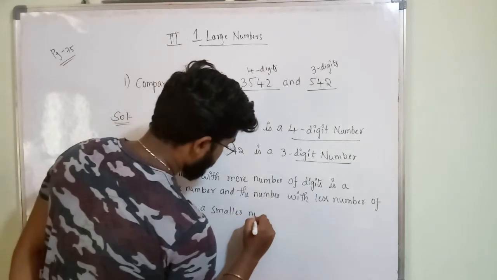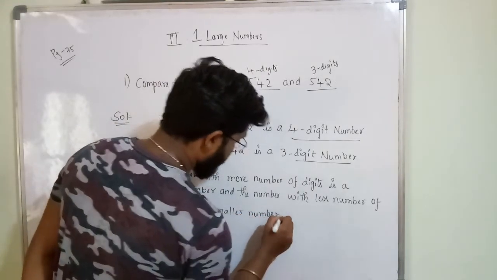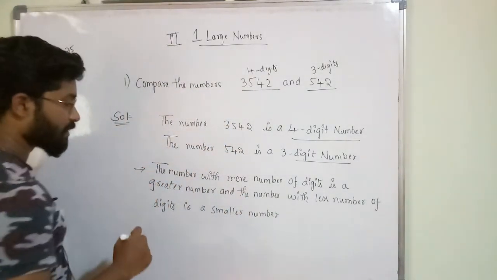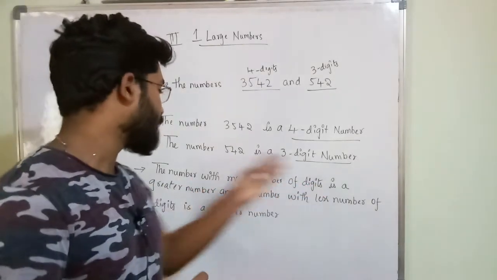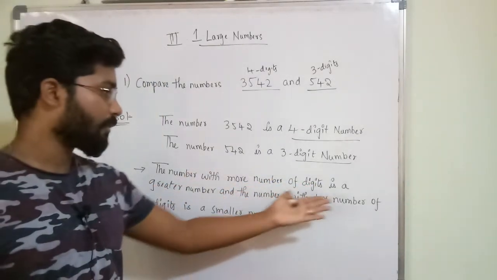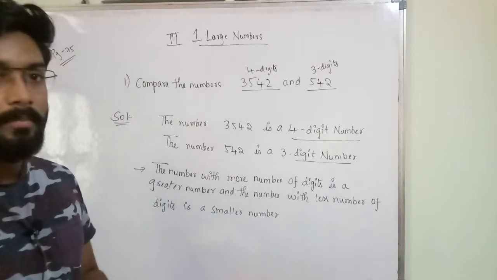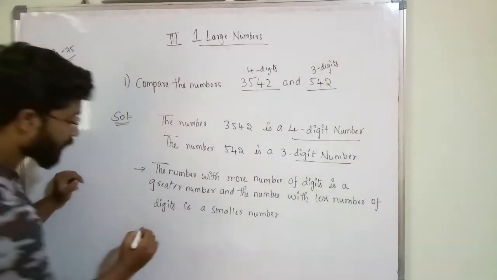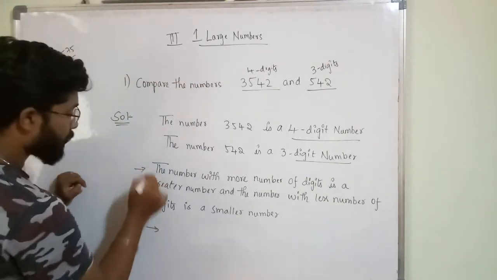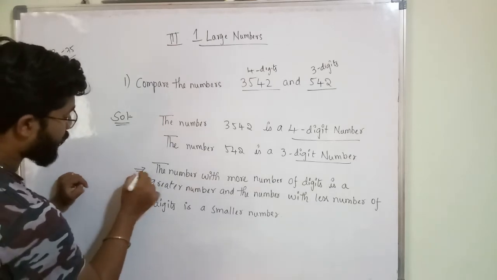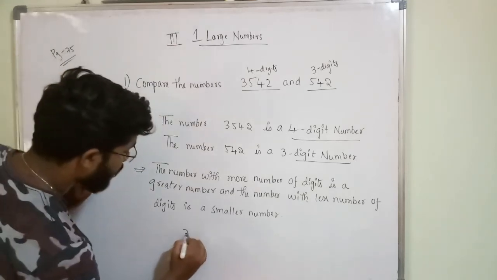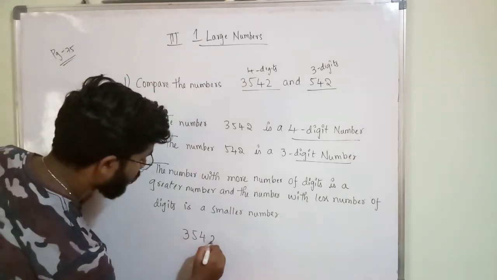With this statement, what can we conclude? The number with more digits is a greater number, and the number with fewer digits is a smaller number. So we can conclude that 3542 is greater than 542.